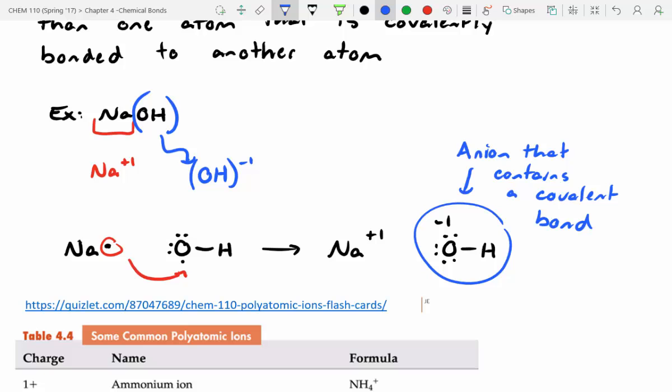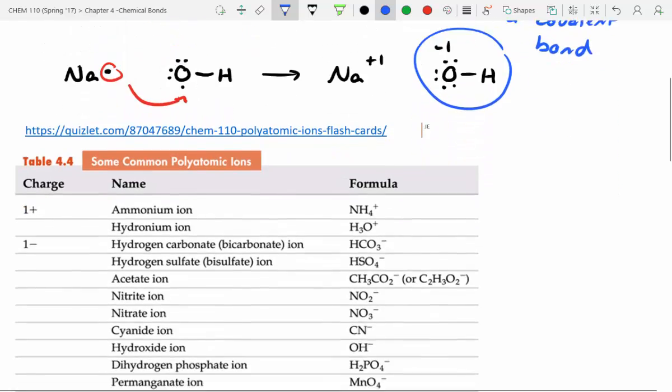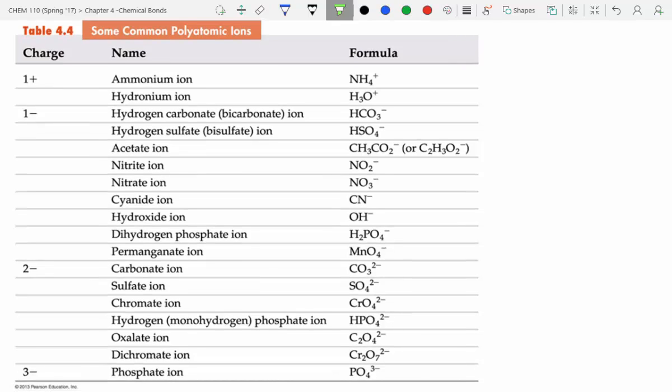Okay, there are a handful of these that I am going to ask that you guys memorize. And this is simply because they're very common in the medical community. So in your book, if you go to table 4.4, you'll see a big long list. I do want you guys to memorize the ammonium ion, which is NH4+. I want you guys to memorize hydrogen carbonate.